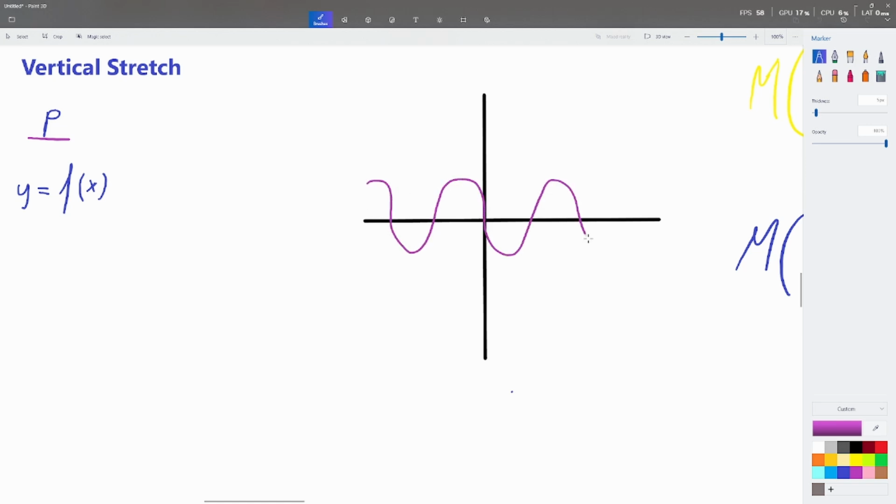It doesn't have to be a good graph, you just have to understand it. So vertical stretch does exactly what the word means. It stretches it vertically. However, it can also shrink it. So vertical stretch, how do you actually apply it?